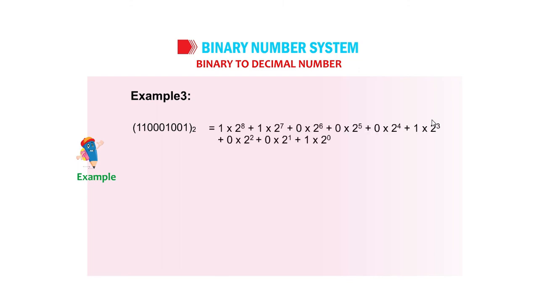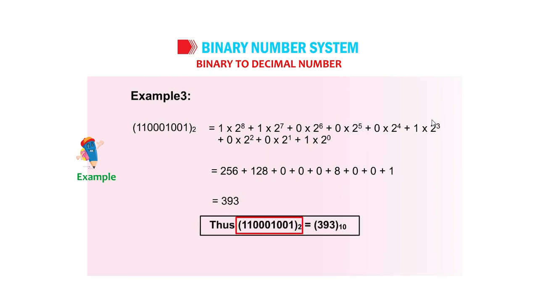11001001 base 2 equals 1 into 2 raised to power 8 plus 1 into 2 raised to power 7 plus 0 into 2 raised to power 6 plus 0 into 2 raised to power 5 plus 0 into 2 raised to power 4 plus 1 into 2 raised to power 3 plus 0 into 2 raised to power 2 plus 0 into 2 raised to power 1 plus 1 into 2 raised to power 0. 256 plus 128 plus 0 plus 0 plus 0 plus 8 plus 0 plus 0 plus 1 equals 393.